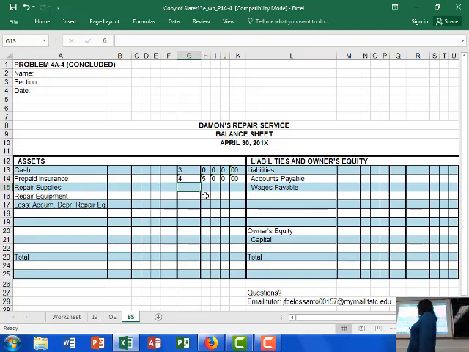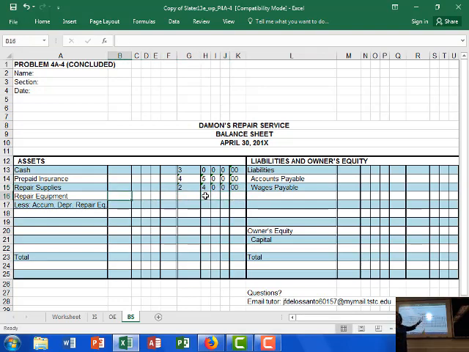Repair supplies. Remember, the repair supplies were the ones that we had on hand. How much did we end up with? 2,400, correct.